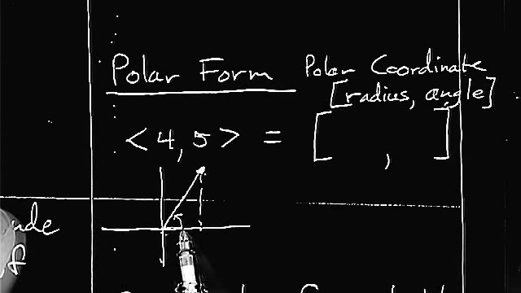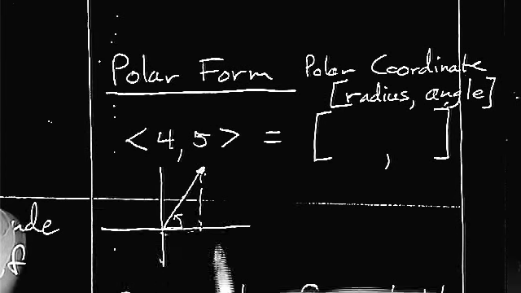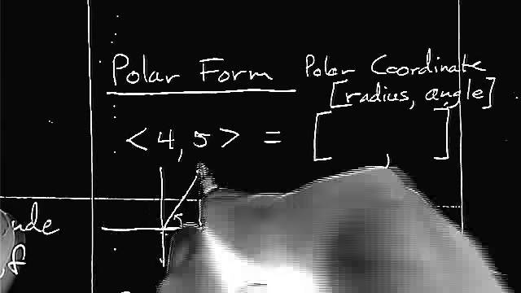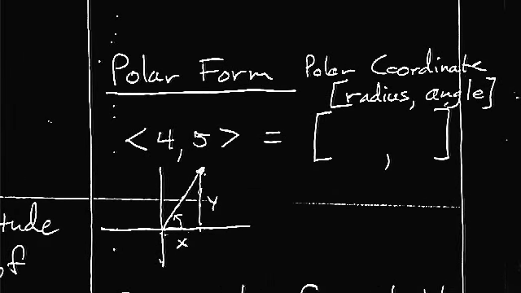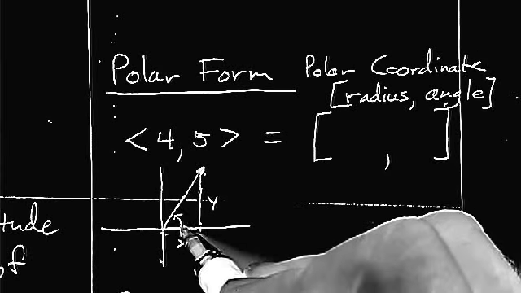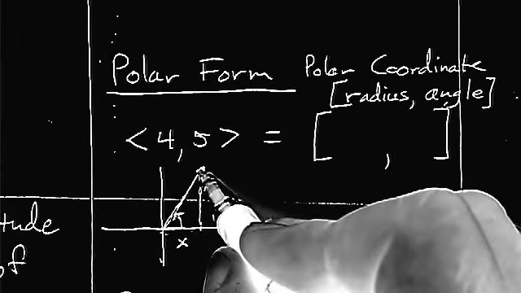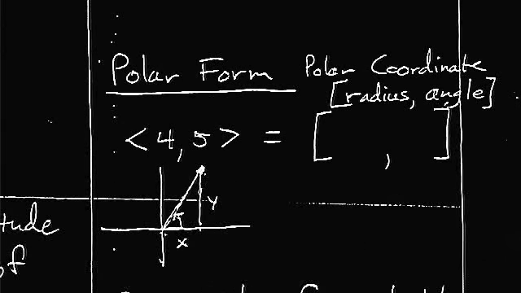So the Cartesian coordinate system, x's and y's, would have me follow the legs to get to that coordinate. But the polar coordinates would have me rotate and then follow the hypotenuse to get to that particular location. So it's somewhat similar, but a different looking system.